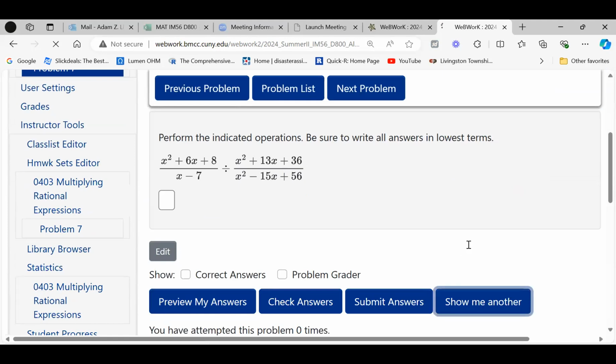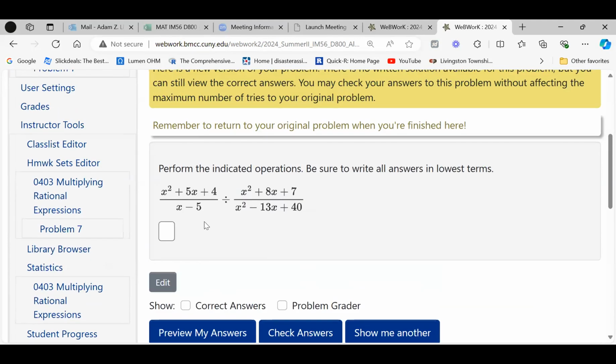And I guess you guys are going to try this one. This one has heavy factoring. You've got to factor thoroughly first and go from there.